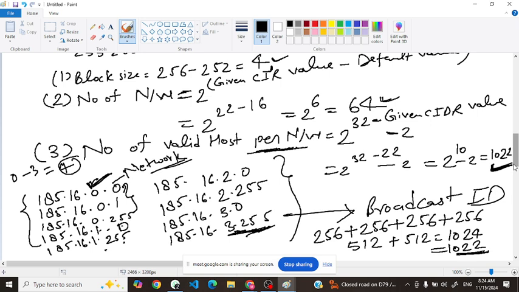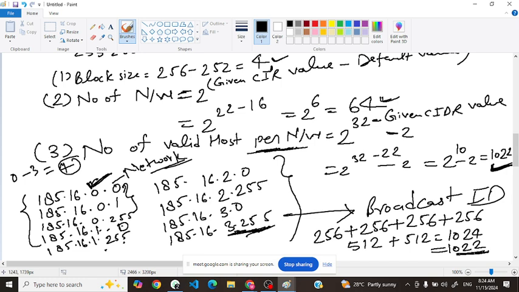Why am I writing 1022 valid hosts per network? Because from 0 to 3 there will be 1024 IP addresses, and the first will be the network ID, the last will be the broadcast ID, then the valid number of IP addresses is 1022.